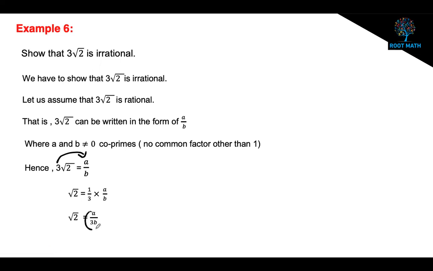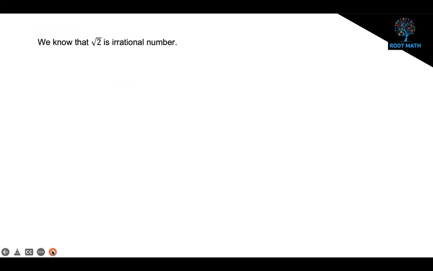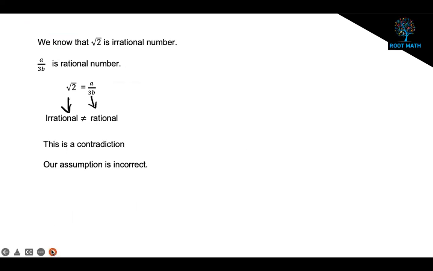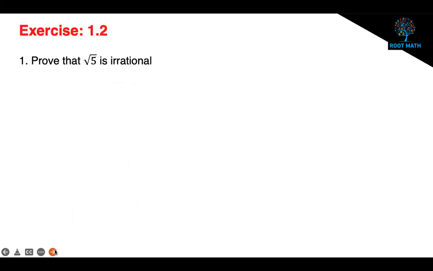Here, a and b are integers, so definitely a divided by 3b is also rational. But we know that root 2 is irrational. So definitely an irrational number cannot be equal to a rational value. Because of our contradiction, we are getting this result. So our assumption is wrong. 3 root 2 is irrational.